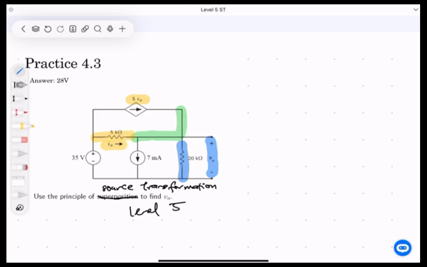What it's saying is you cannot manipulate the 5 kilo ohm, because it will affect the value of I phi, hence it will affect the value of the dependent current source. So hence the reason why this question is level 5 if you are using source transformation. Okay, I hope that gives you some idea.